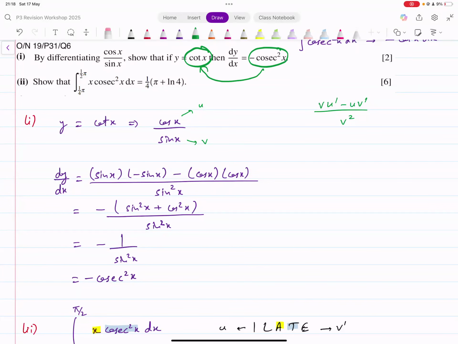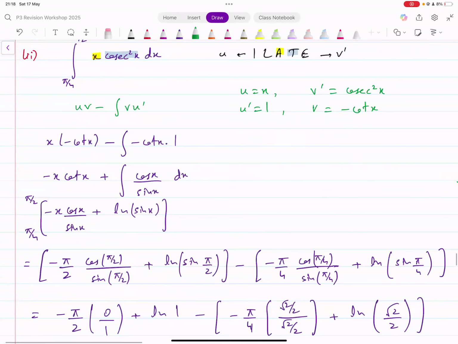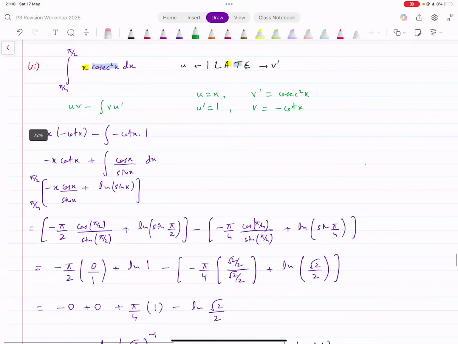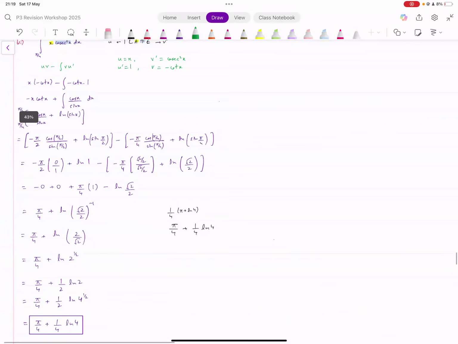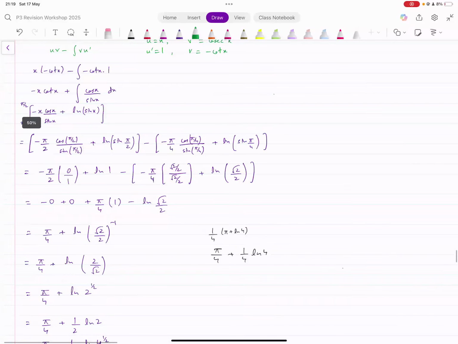Now for cosecant square x, we saw in the very beginning of this session that the integration of cosecant square is minus cot x. That's written in the formula sheet as well, so that's what you use there. Then you just apply integration by parts, simplify that further, and input limits. It becomes a fairly difficult calculation because of those square roots involved, and then a lot of calculation.